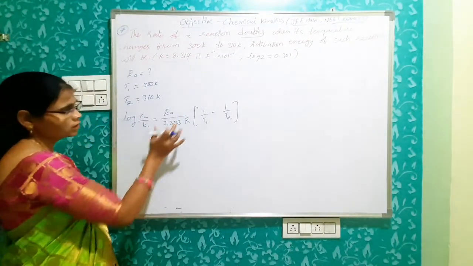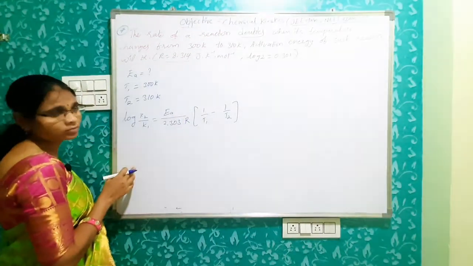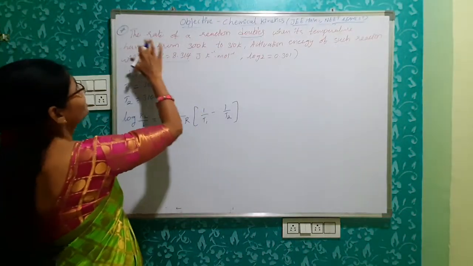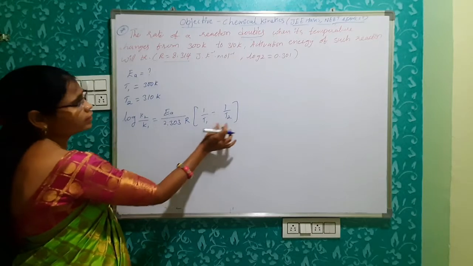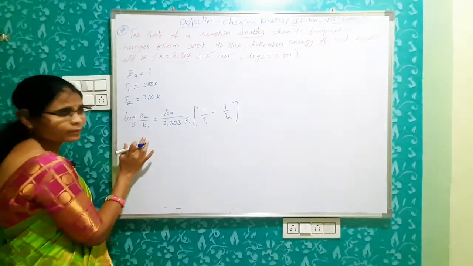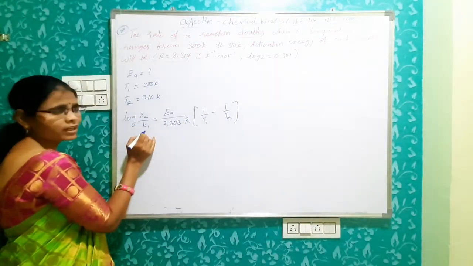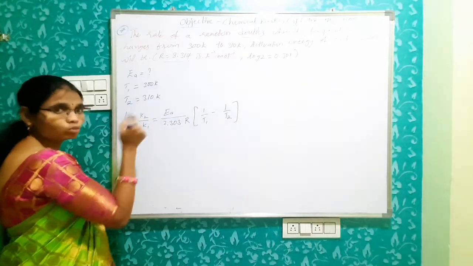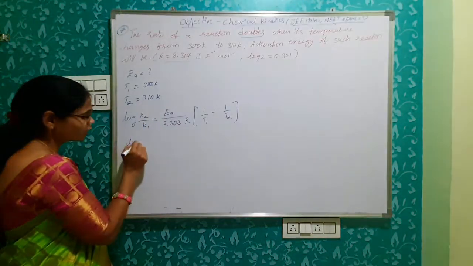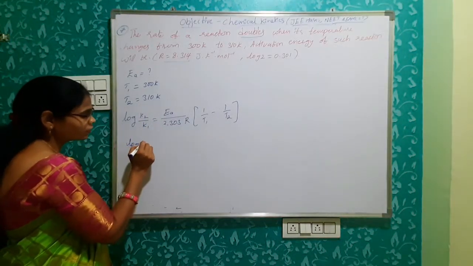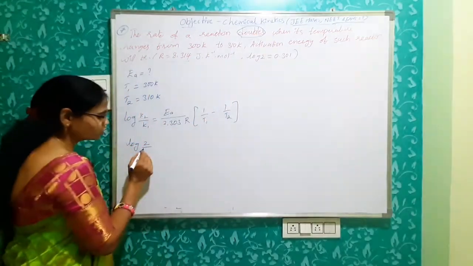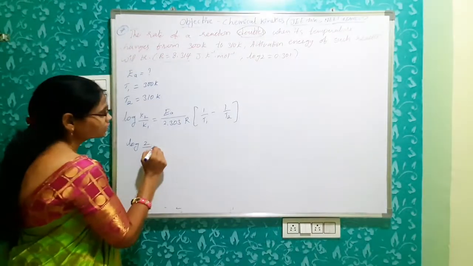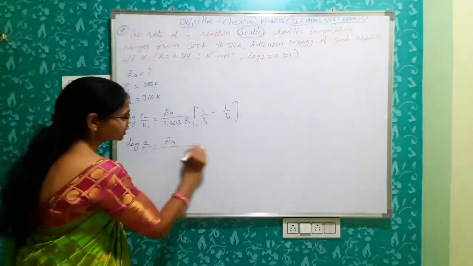So we need to calculate the activation energy. Here, the rate of the reaction doubles when temperature increases from T1 to T2. Rate of reaction doubles means K1 is 1 and K2 is 2. Log to the base 10 of K2 by K1, K2 is taken as 2, K1 is 1. See here, we have to calculate activation energy.